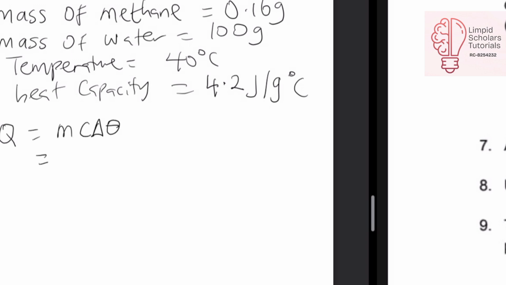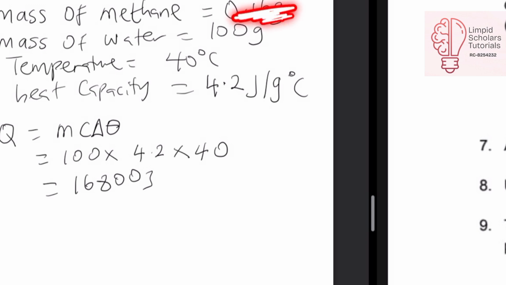Our M, the mass of water, is 100 gram, times the specific heat capacity, which is 4.2, times the temperature change, which is 40. 100 times 4.2 times 40 will give us 16,800 joules.